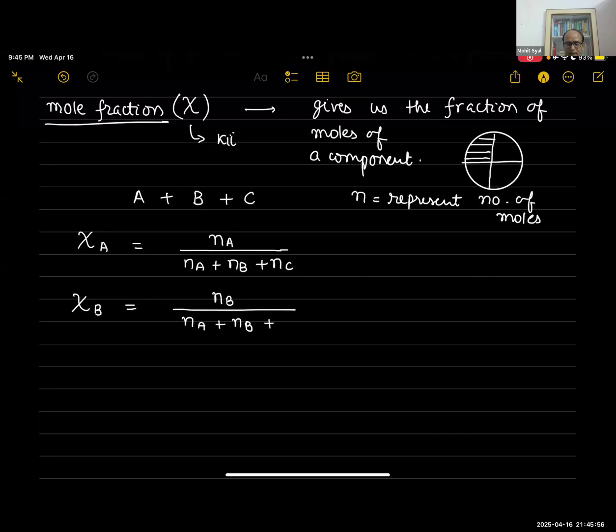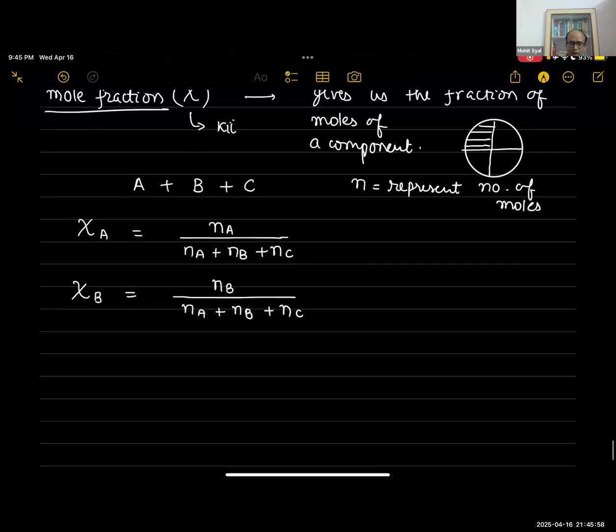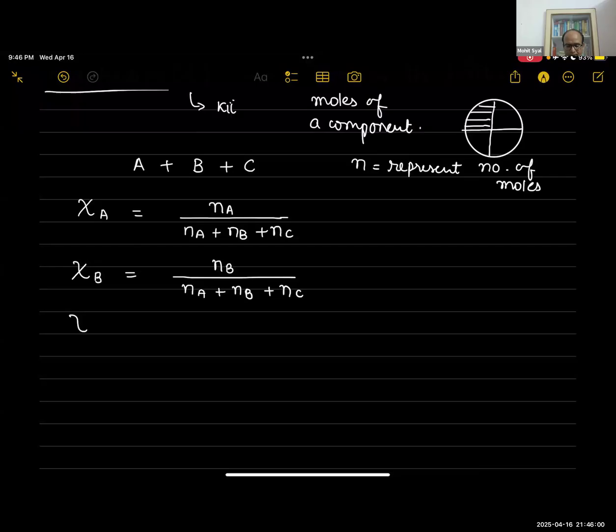Got it? Mole fraction of C will be how much? How to calculate? Basically, Nc by the sum of the moles of all: Na plus Nb plus Nc.